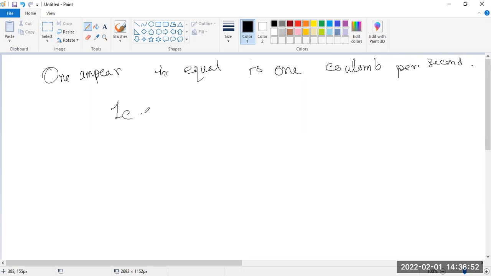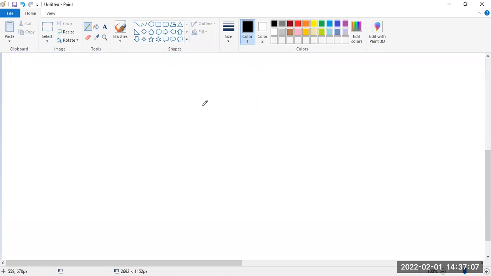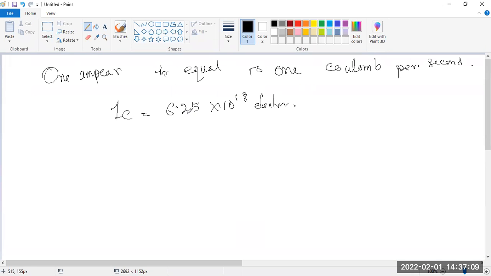So 1 coulomb is 6.25 times 10 to the power 18 electrons, you may take this. Okay, so this is the current. This is some basic concept, very deep concept, which is required for your future.